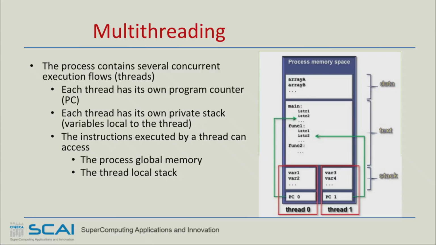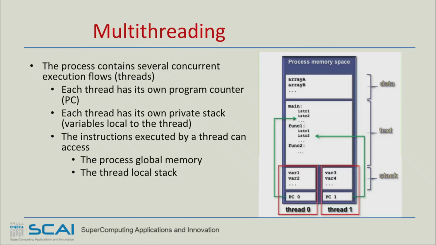If I permit several concurrent execution flows, I permit that I create some threads. Each of them has its own program counter. Before I had only one execution flow. Now I have more than one. Each thread can have a private stack, so I can have a part of the memory that is privately accessible for this thread.